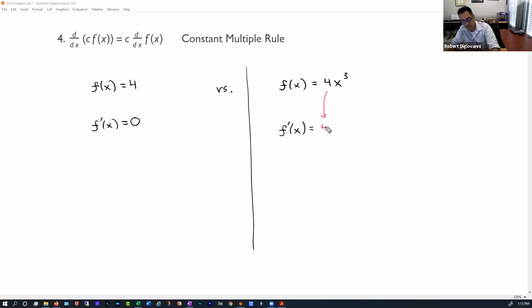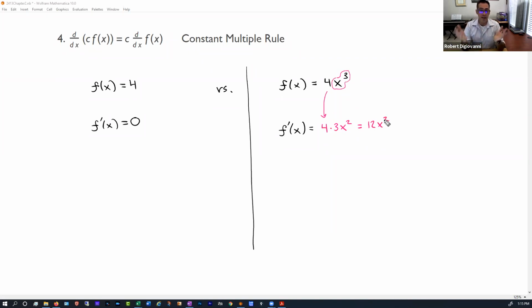That's what I always say whenever I'm doing this. 4 just comes along for the ride. That's all it does. It comes down, and then you focus your attention on this piece and take the derivative of that, which in this case would be the power rule. So we bring the 3 out front and subtract 1 from the power. And then we just multiply 4 times 3 and get 12.